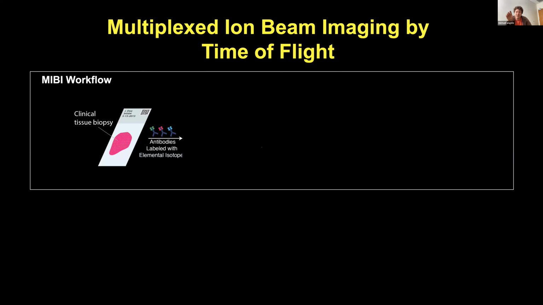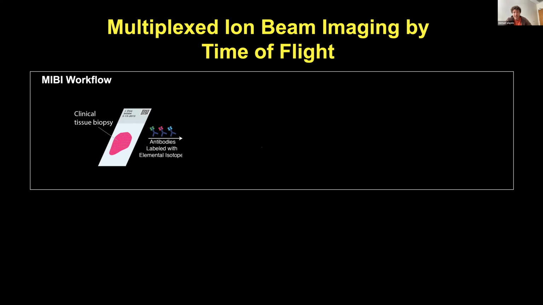The rare earth elements, the lanthanides, if you remember from chemistry, that block of elements at the bottom, the 2 rows. The lanthanides are the top row of those 2 rows. The reason those are really nice tags is because the natural abundance of these elements in tissue is extremely low to non-existent. That means you have a very nice quiet background when you're looking at these mass tags in tissue.